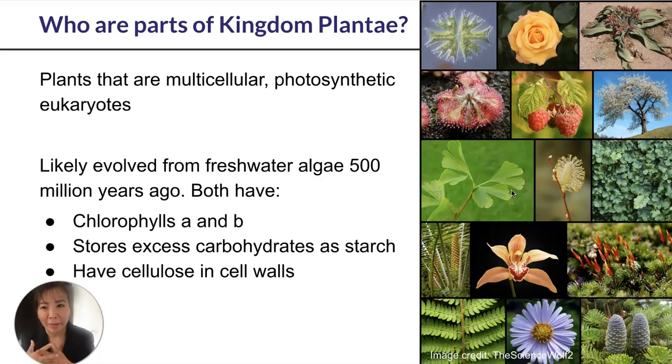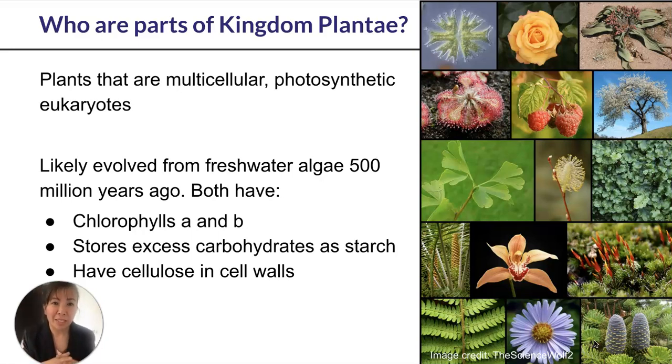We have everything from a composite head like a daisy, to plants that have fruit, where the fruit helps with protection of the seed. We have other ones where the flower helps attract certain pollinators, and others where the seeds are really protected in a very hardy cone. We'll take a look at all of those.